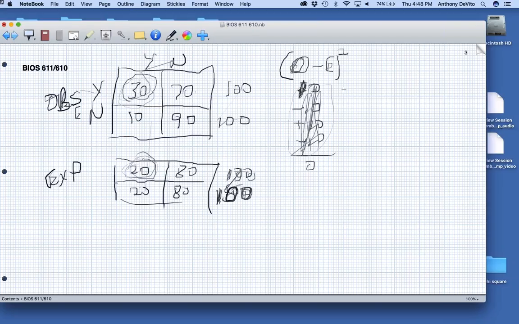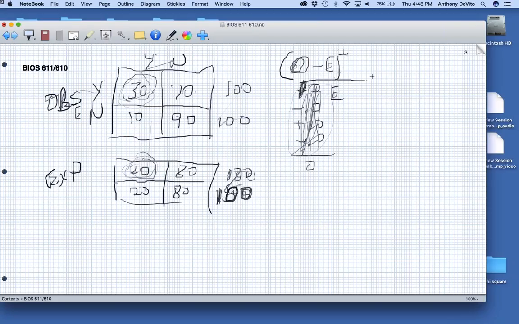Well, in this case, I'm going to square these and then divide by the expected value to get it back into the range of numbers that it would have been. This will give us all positive values, and this will get us back into the range of what the differences really were. So I'm going to add up observed minus expected, square it, and divide it by the expected. I'm going to do that for each box.